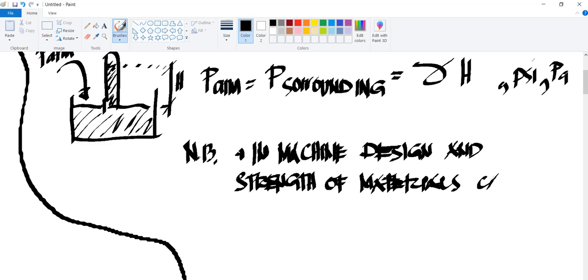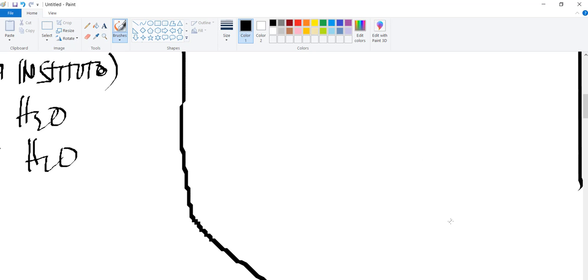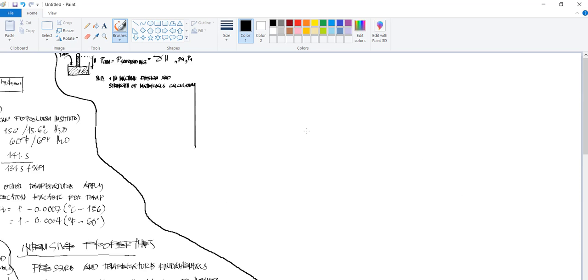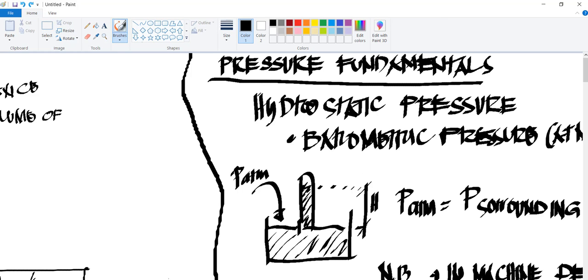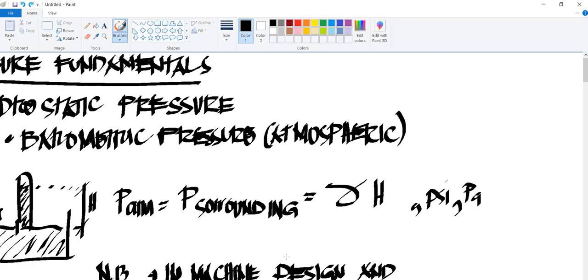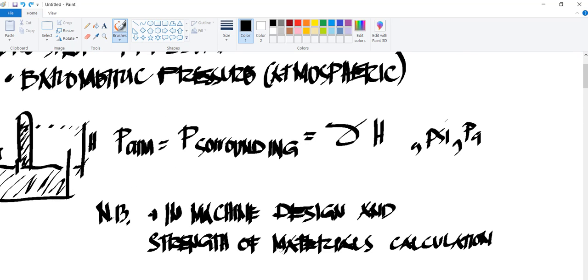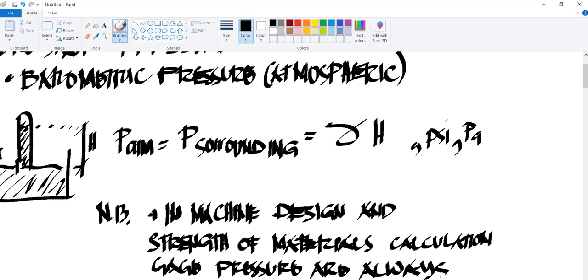So for your calculations, gauge pressures are always used. So take note of that one. Gauge pressures are always used. So take note of that one, no?